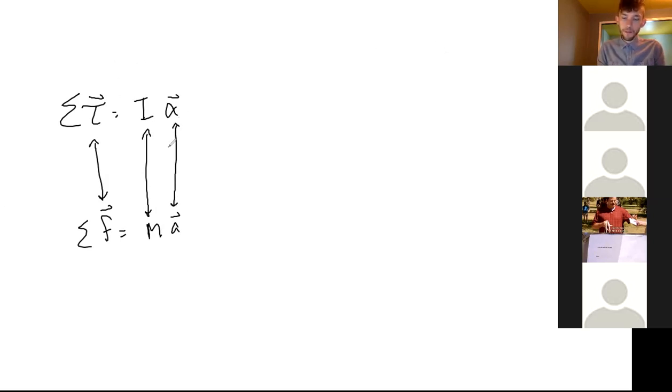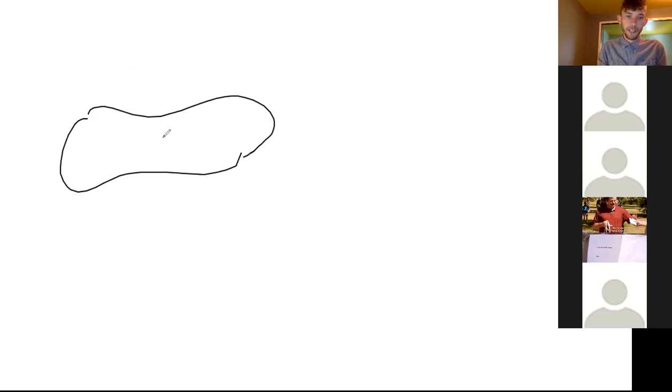Now, the complicated thing here is that whenever you sum up the torques, you have got to keep directionality in mind, right? So I think in one example, I had like a blobject, and I said maybe that the axis of rotation was right here.